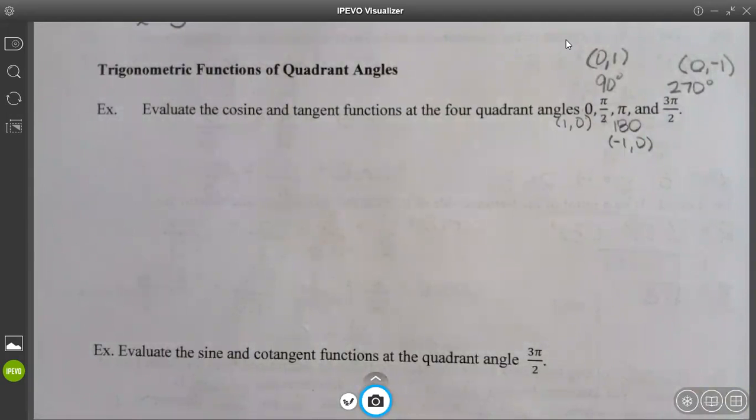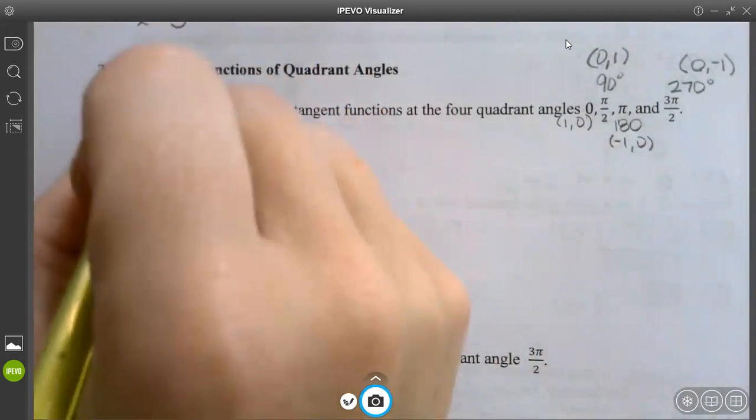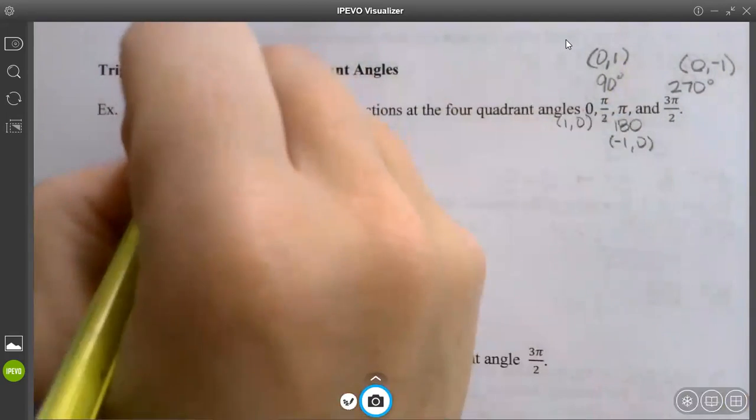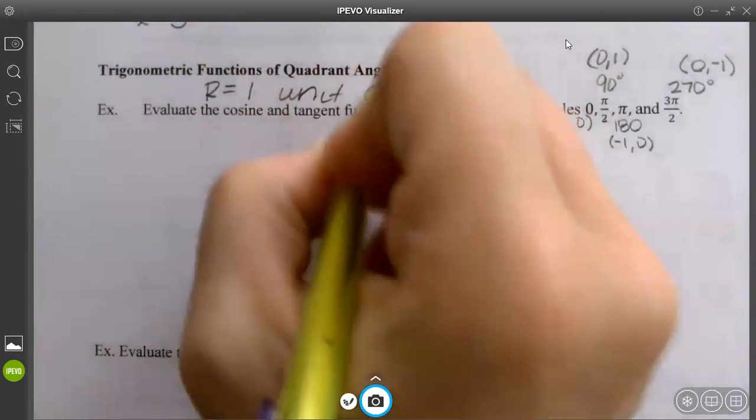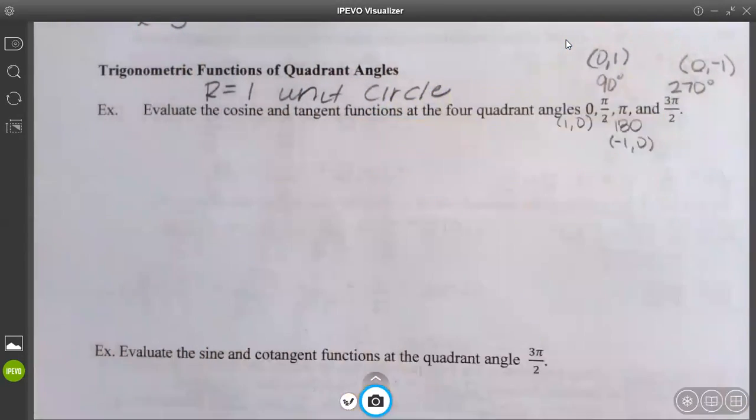If we're on the unit circle, it's always positive 1 because we're going 1 down, 1 left, 1 up, 1 right. Is everybody good? So on this one, your x and y is based on whatever degrees you are, and your r is going to be 1 the whole time because it's on the unit circle. How do you know it's on the unit circle? It gives you those values that are on the unit circle.